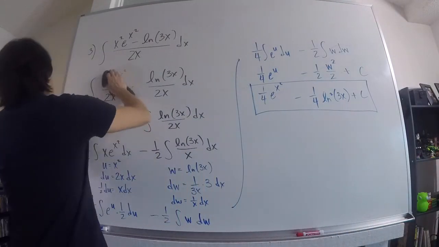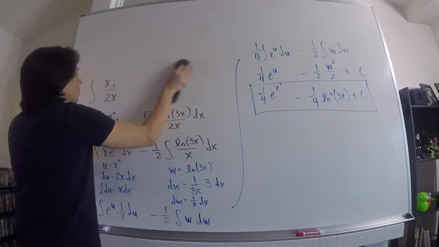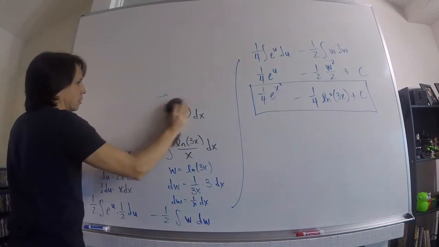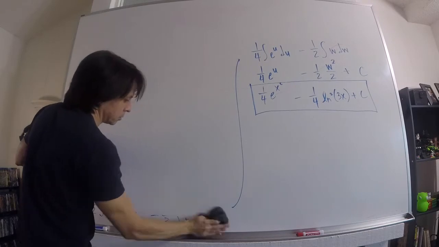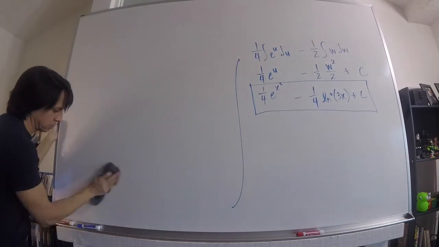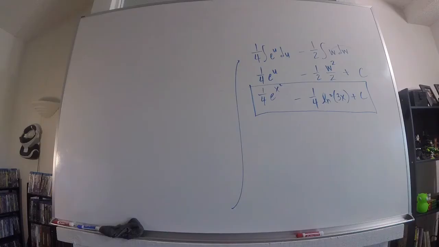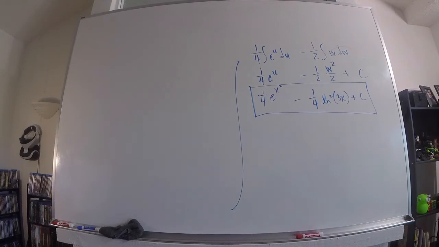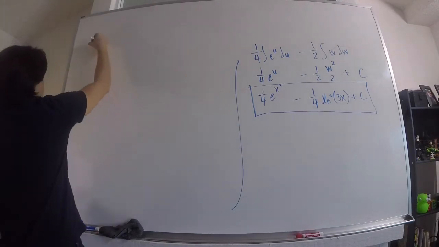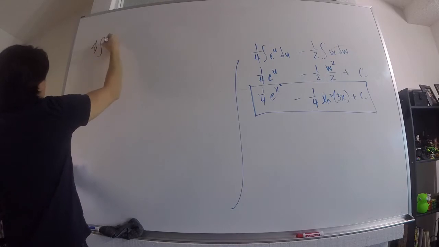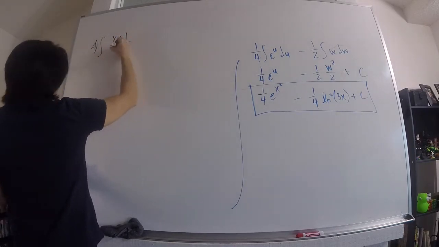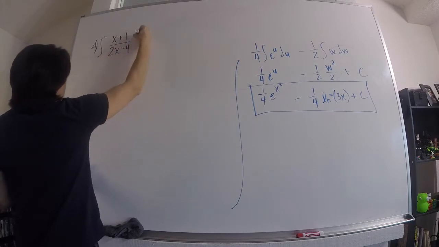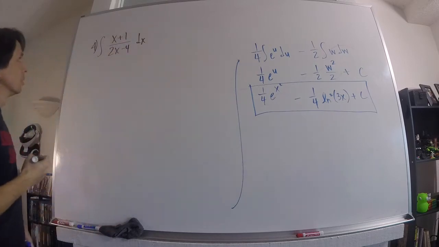Next, number 4. Alright, number 4, integral x plus 1 over 2x minus 4. Alright.